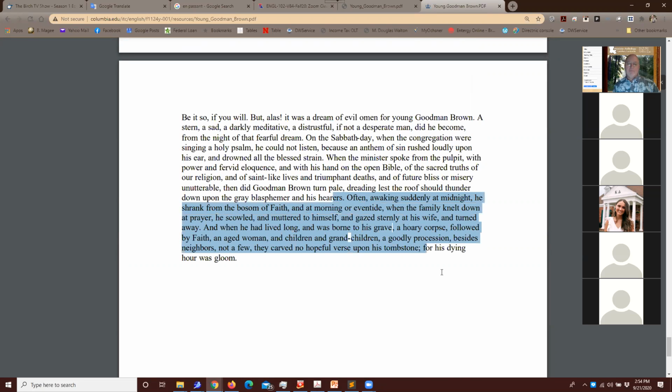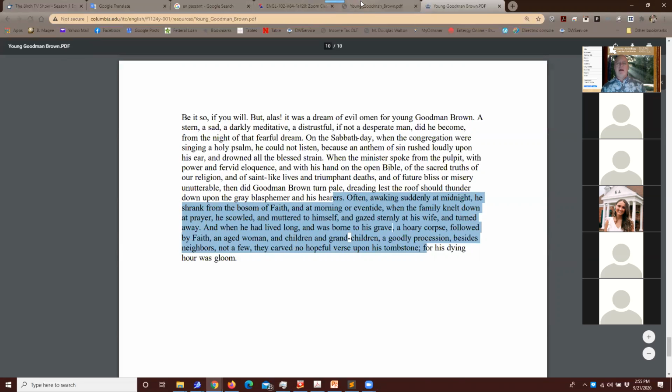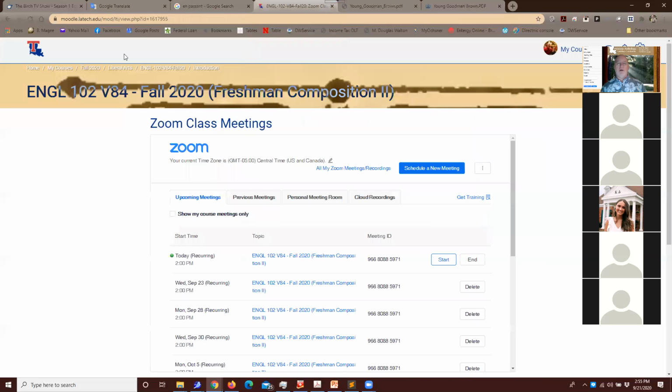Often, when awakening at midnight, he shrank from the bosom of Faith, and at morning or eventide, when the family knelt down, he scowled and muttered to himself and gazed sternly at his wife and turned away. And when he had lived long and was borne to his grave, a hoary corpse followed by Faith, an aged woman, and children and grandchildren, a goodly procession, besides neighbors, not a few. They carved no hopeful verse upon his tombstone, for his dying hour was gloom.